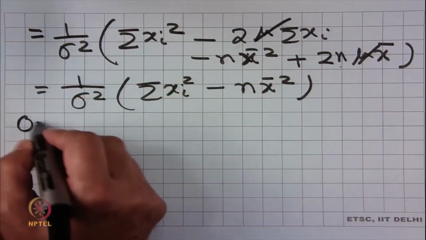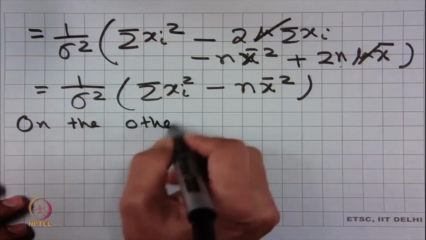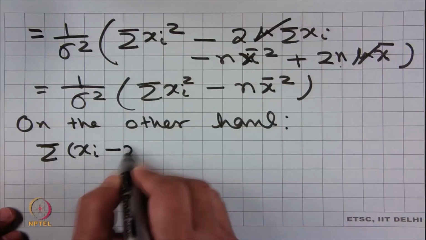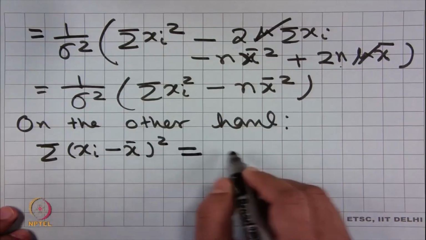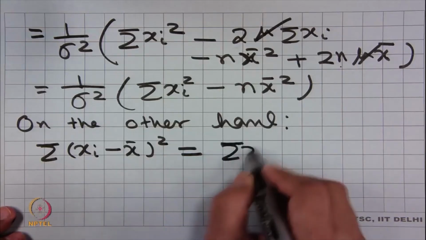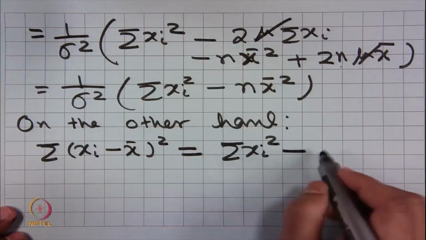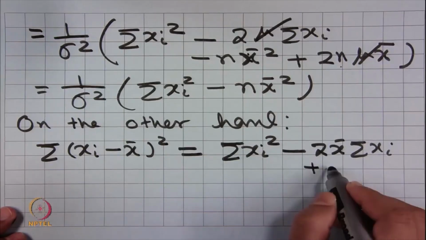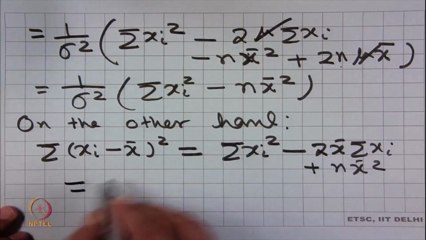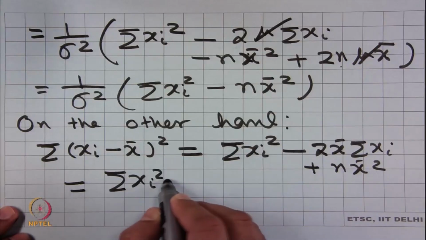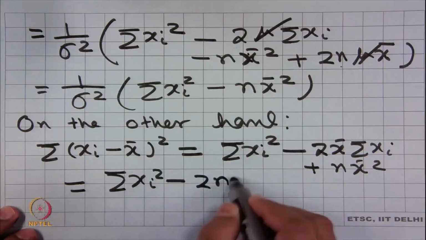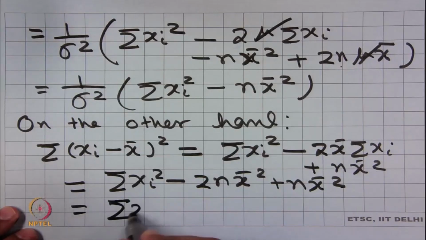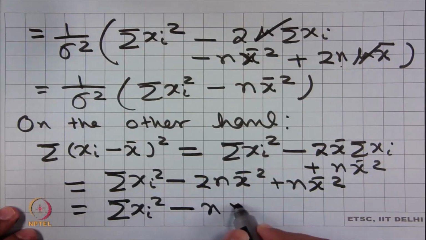On the other hand, sigma xi minus x bar whole square is equal to sigma xi square minus 2 x bar sigma xi plus n x bar square, is equal to sigma xi square minus 2 n x bar square plus n x bar square, is equal to sigma xi square minus n x bar square.